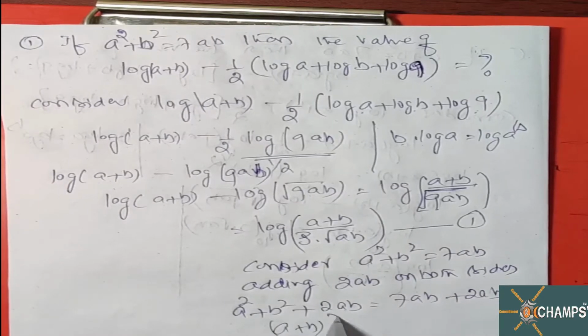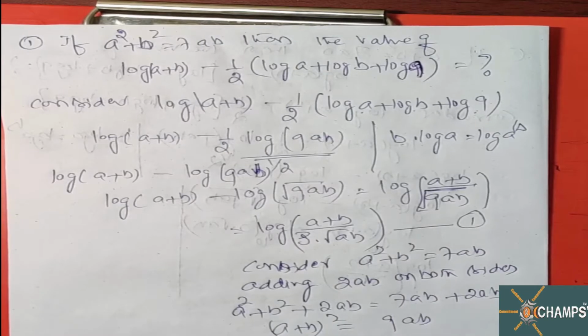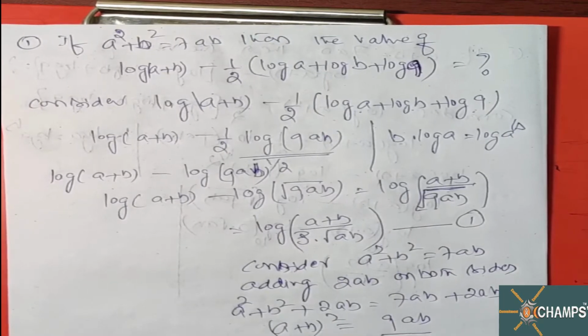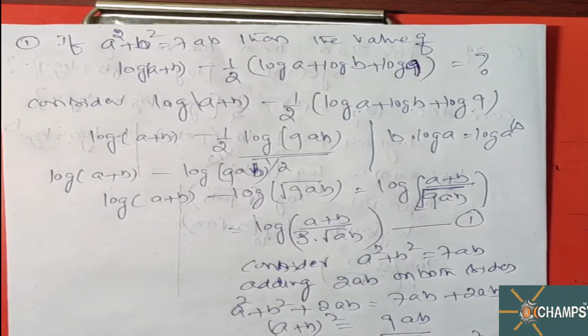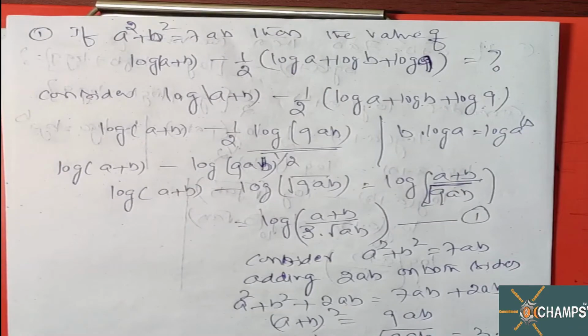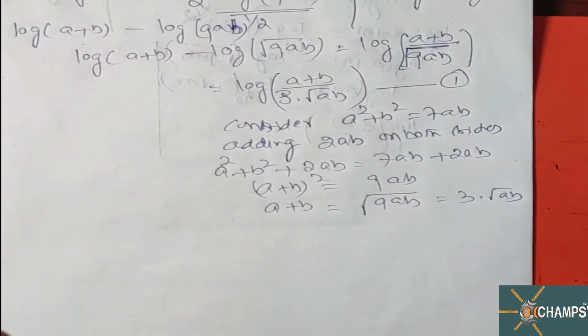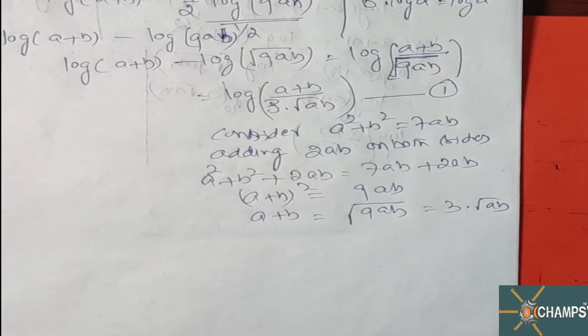So a plus b whole square is equal to 9ab. a plus b is equal to root of 9ab. This can also be written as 3 root ab.